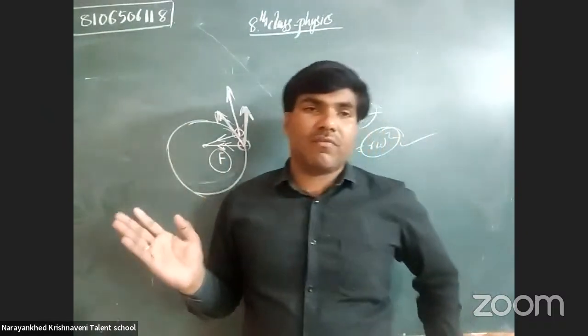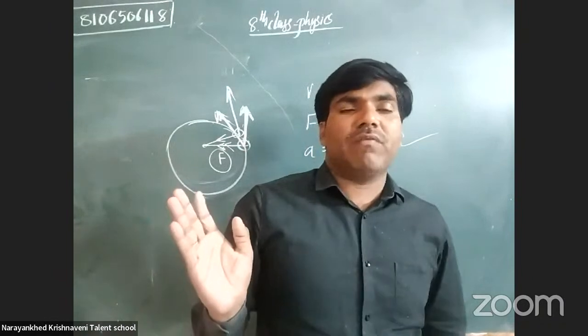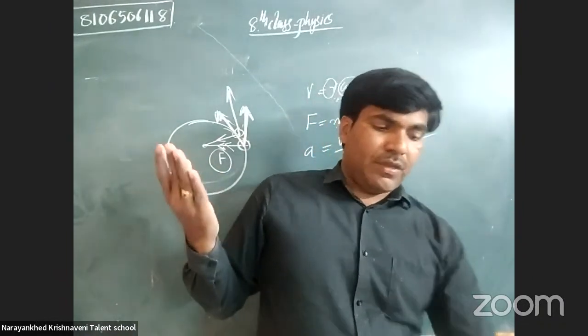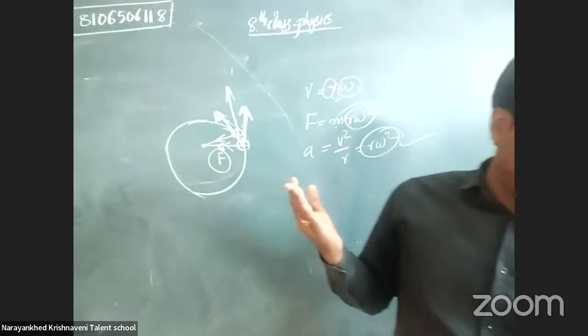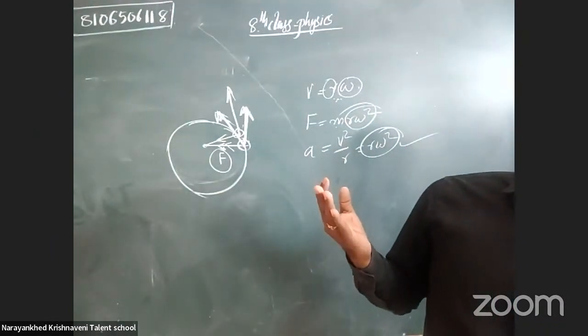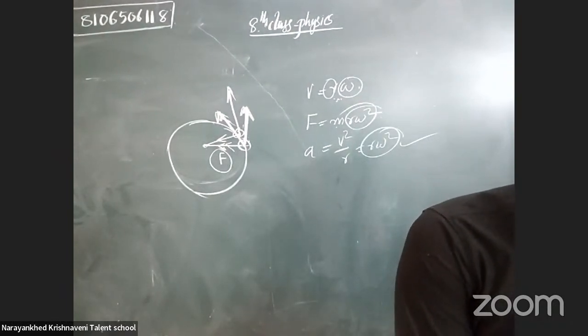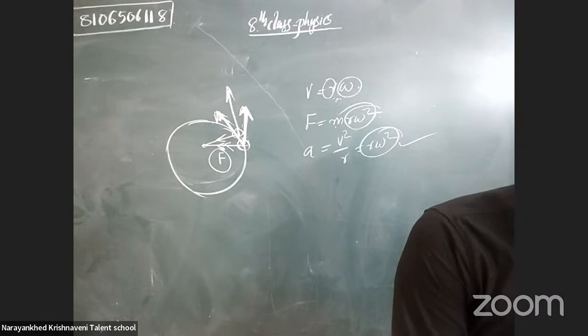And next, there is a very, very interesting thing. You know very well Newton's laws of motion. There are three laws of motion, and in these three laws we have completed what the nature of the body is when we apply force on the body and how it will behave.